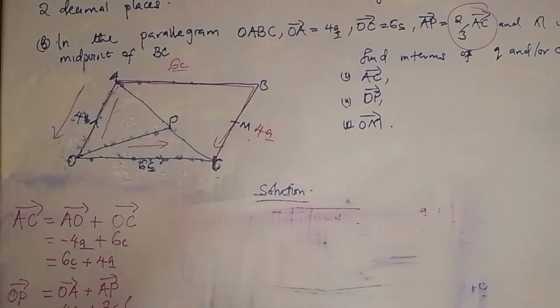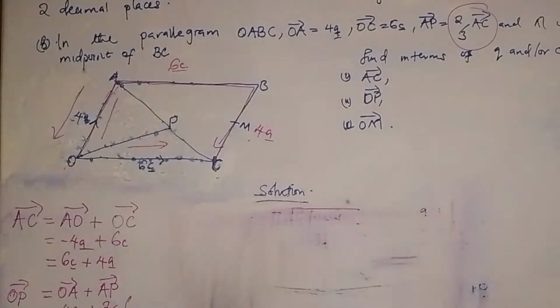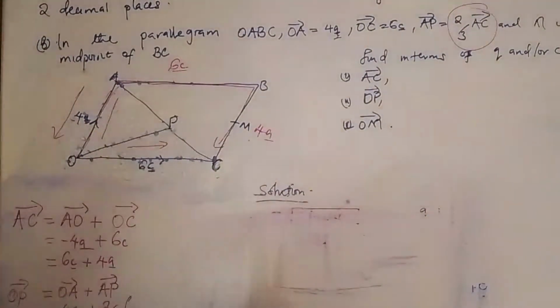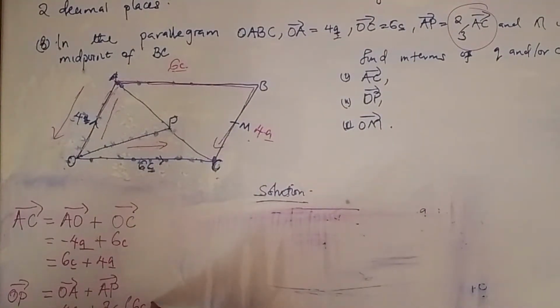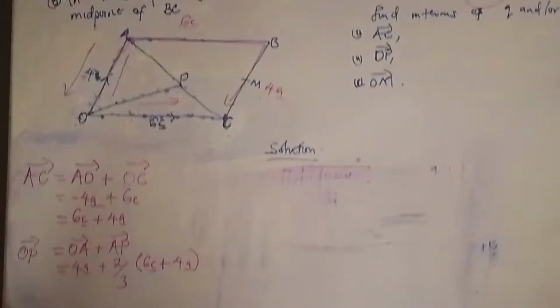But remember, we have calculated AC in our first question. So this question will contain our first answer, which is 6C plus 4A. So this is how important vectors are.